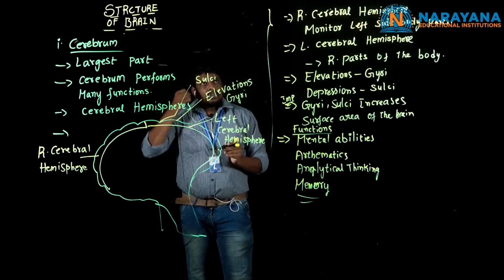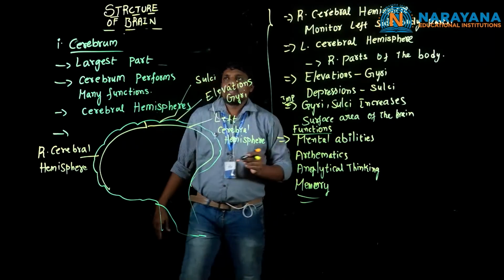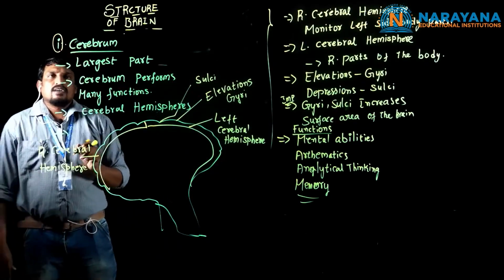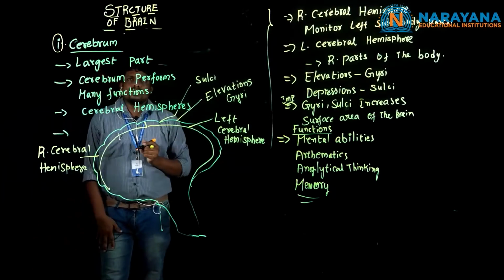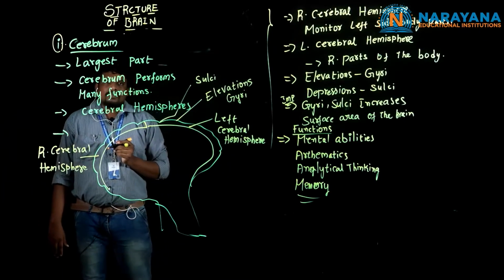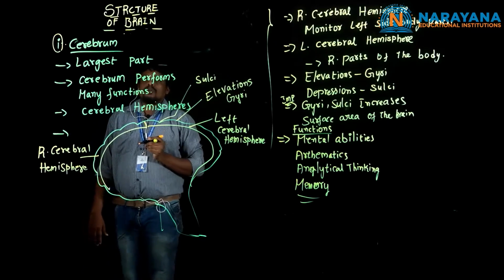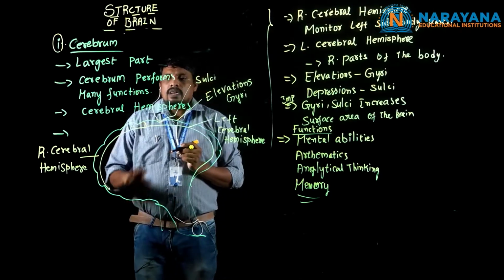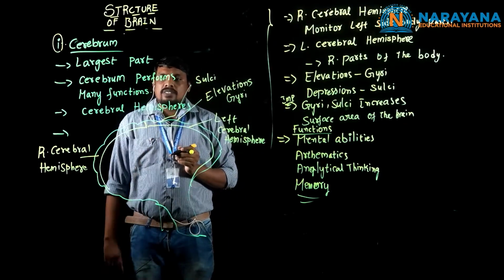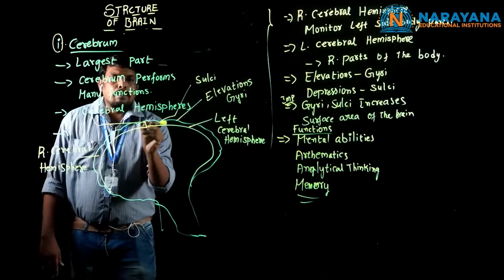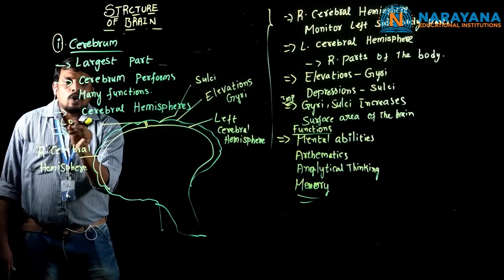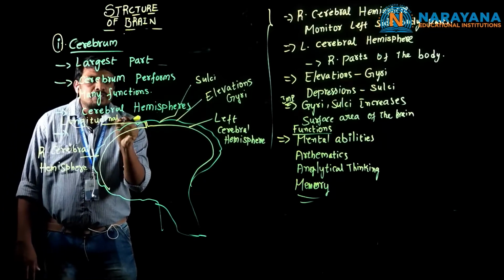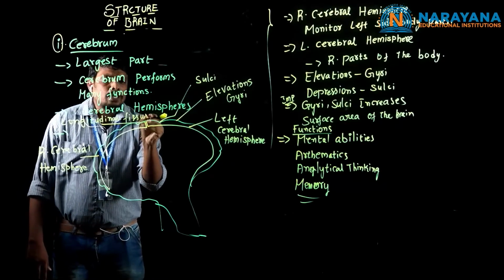Clear? So what have we learned until now? We have learned about the forebrain. The first part of the forebrain is called cerebrum, the largest part. Cerebrum performs many functions. Cerebrum is covered by cerebral hemispheres, divided into two major divisions with the help of the longitudinal fissures.